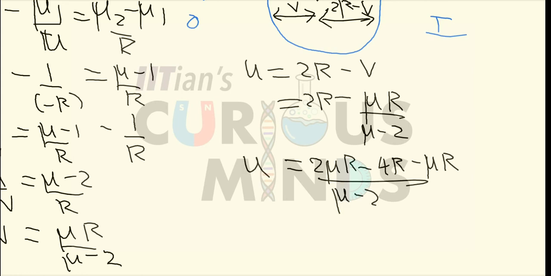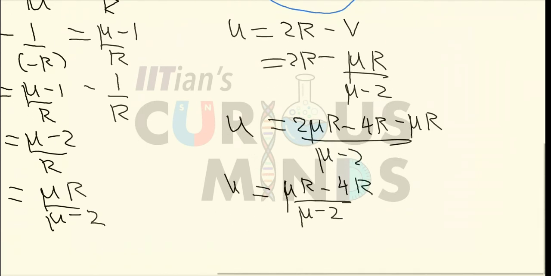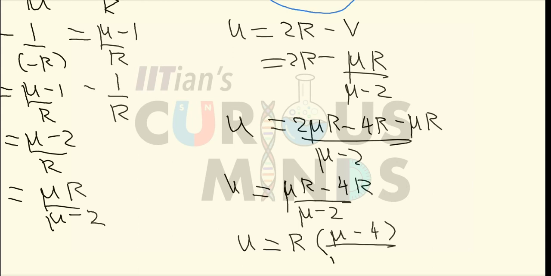So this is the distance of the object: 2 mu r minus mu r is mu r, so mu r minus 4r divided by mu minus 2. If I take r common, the distance of the object will be equal to r times mu minus 4 divided by mu minus 2. This is the distance of the object.